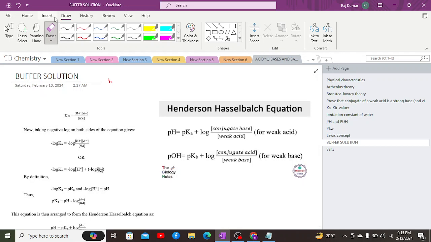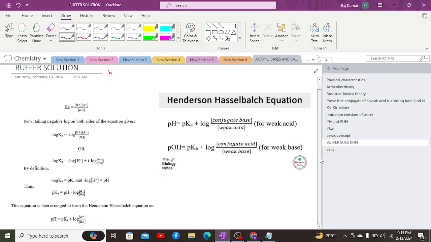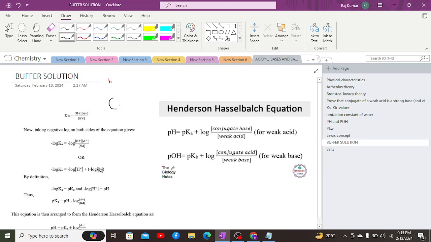Now, for an acidic buffer example, we have acetic acid, CH3COOH, very common, and sodium acetate.